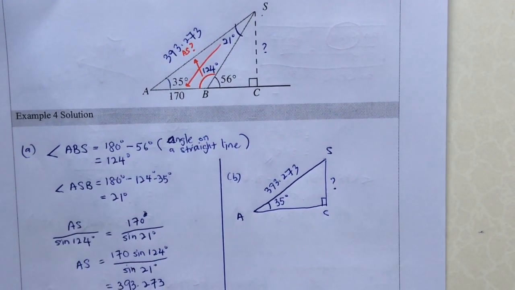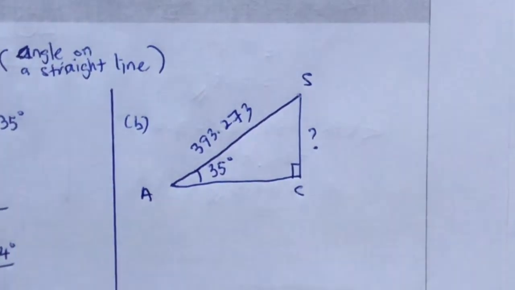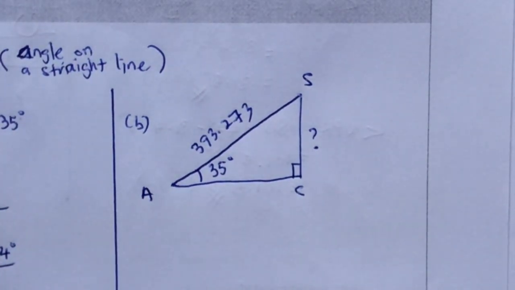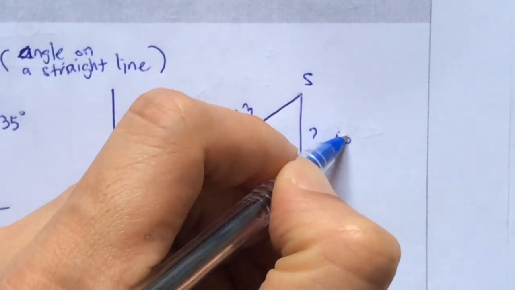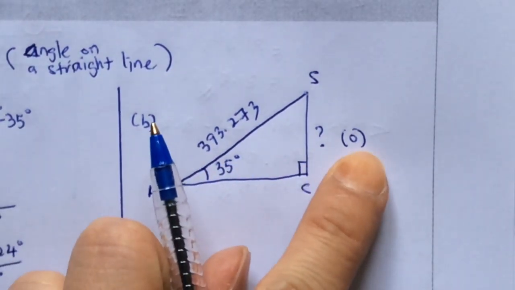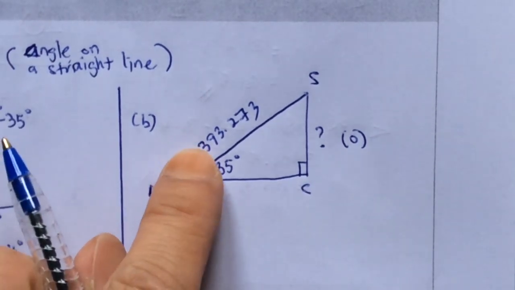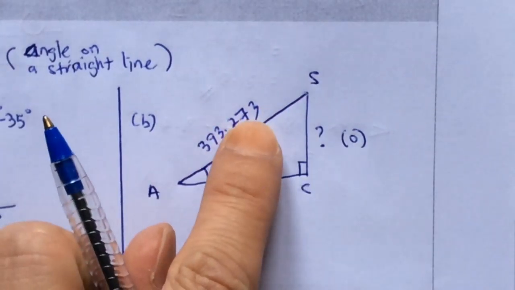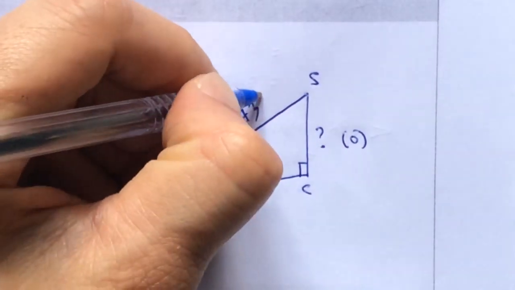So take a look at the diagram here. This is the question based on the last chapter, where we learned SOH CAH TOA. If you look at 35 degrees, this unknown here is the opposite side, and AC is adjacent, but it's not in our calculation, and what is given here is the longer side because it faces the 90-degree sign, so this is the hypotenuse.